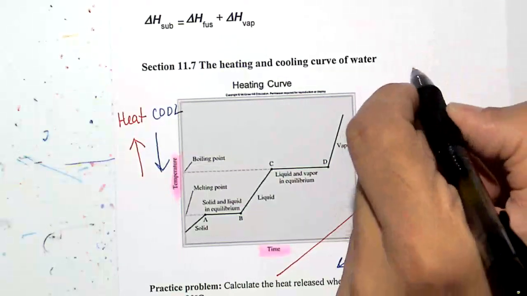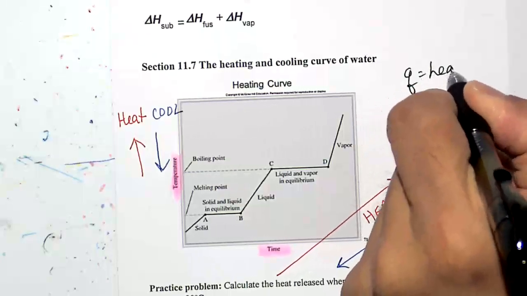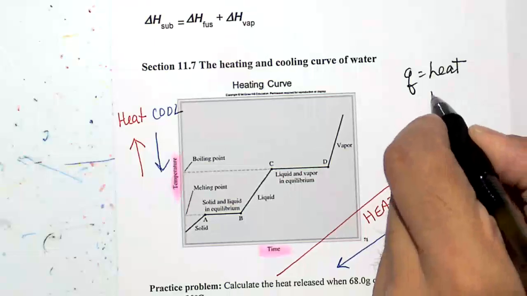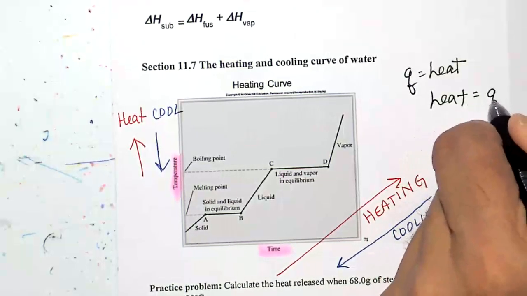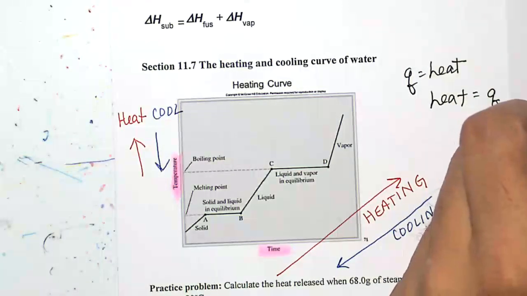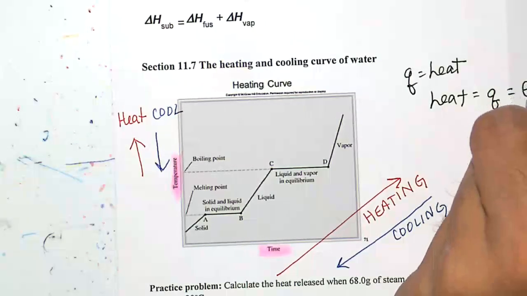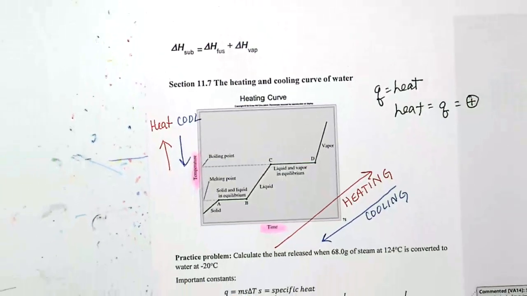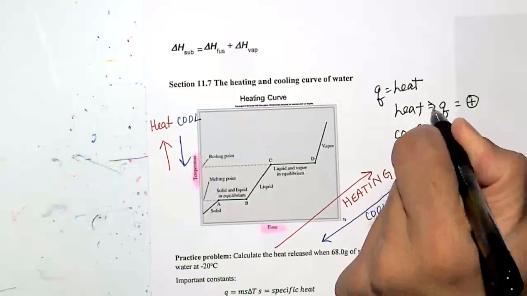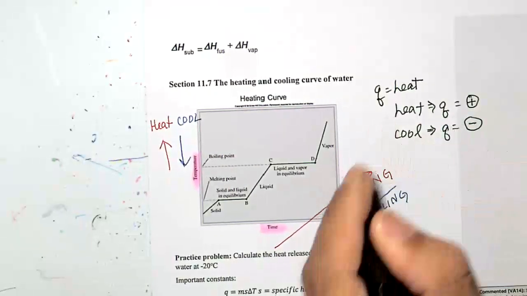All right, a couple of things here. Lowercase q is what we call heat in thermodynamics. If you heat a substance, q is going to be positive. If you're adding energy to the system, that value is positive. If you cool, what will be the value of the heat? Negative.